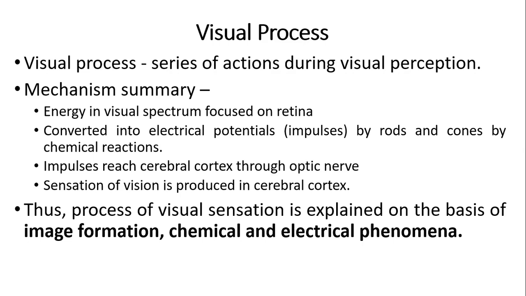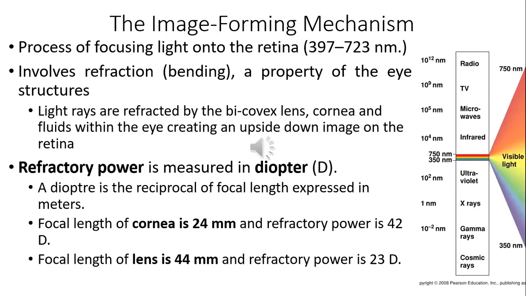Impulses reach the cerebral cortex through the optic nerve, and the sensation of vision is produced in the cerebral cortex. Processing of visual sensation is explained on the basis of image formation, chemical and electrical phenomena. These are the three things we are going to look at when we start looking at the visual process. That's the physiology.